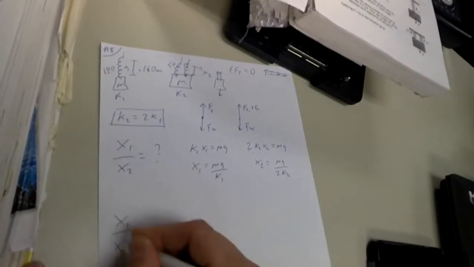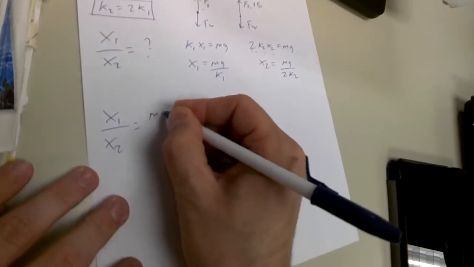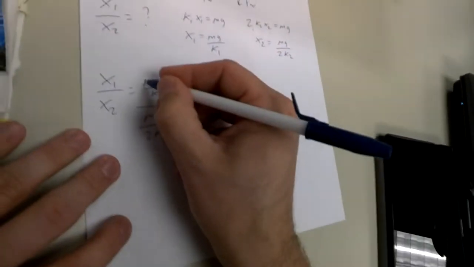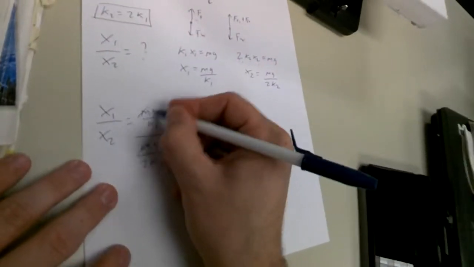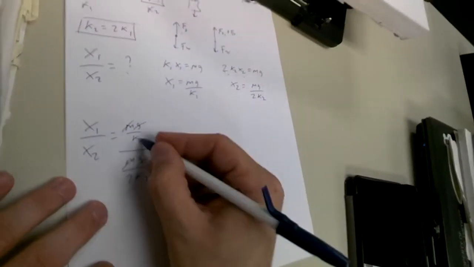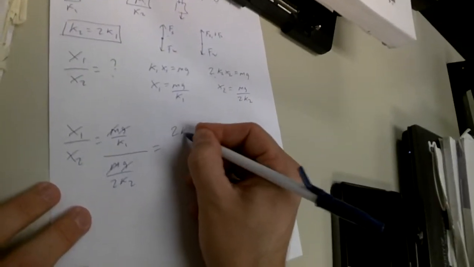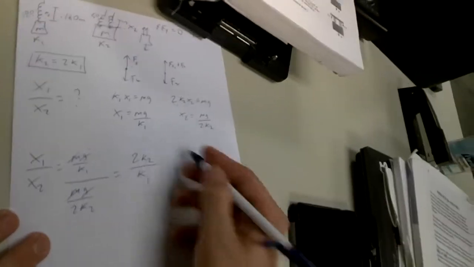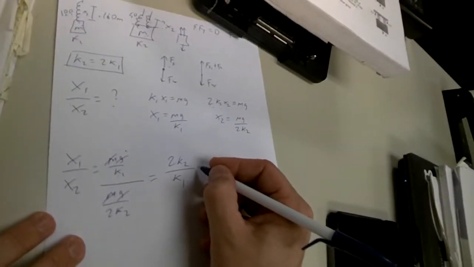I'm going to start substituting in, so let me set my ratio up here: mg over k1 over mg over 2k2. The m's will, as we would expect, cancel. The g's will cancel. Rewriting this, I get 2k2 over k1.